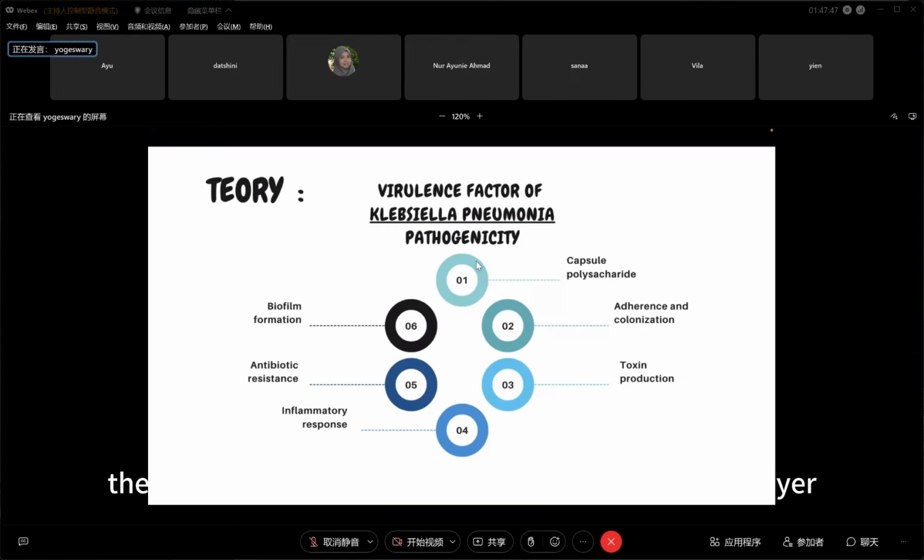And lastly, biofilm formation: Klebsiella pneumoniae forms a slimy layer called a biofilm on the surface of the respiratory tract or on medical devices. So it can stick together in the form of a slimy layer.